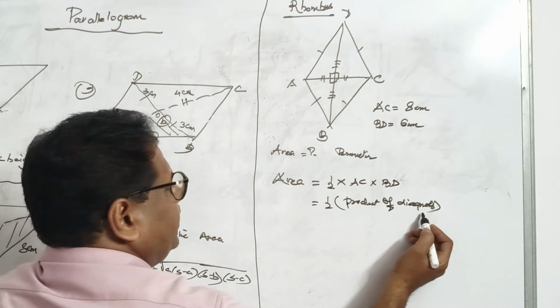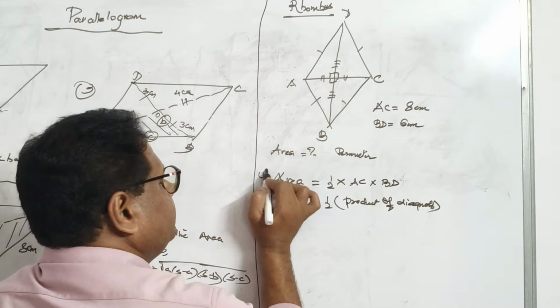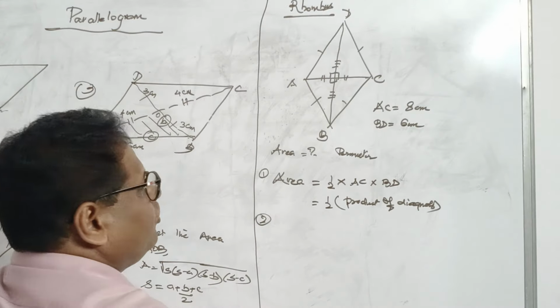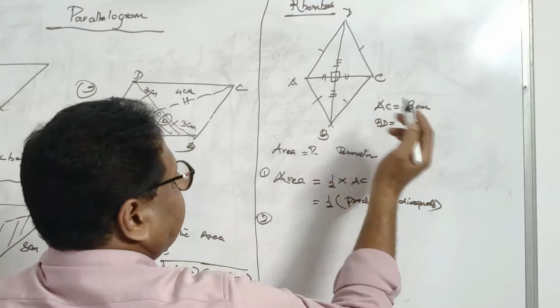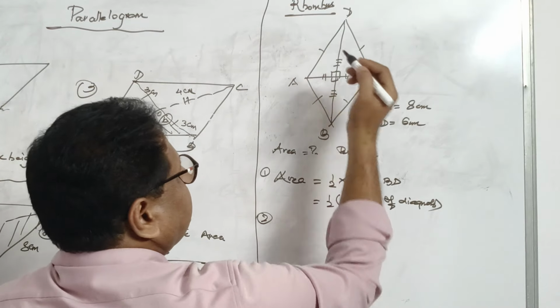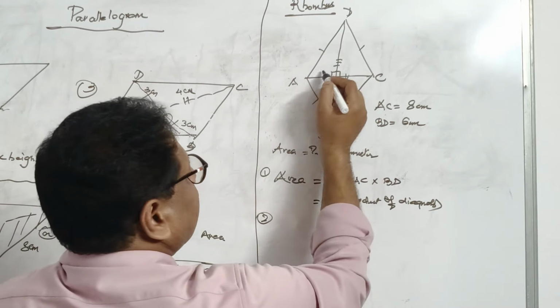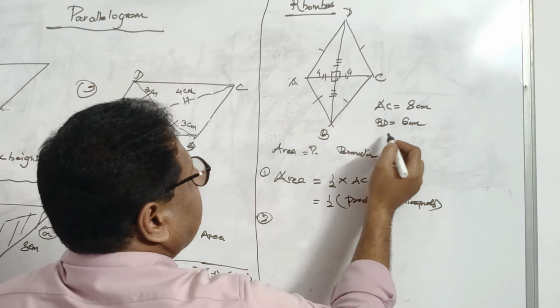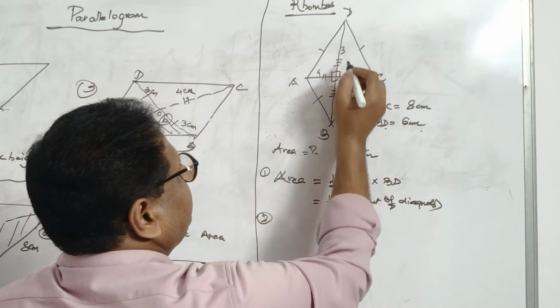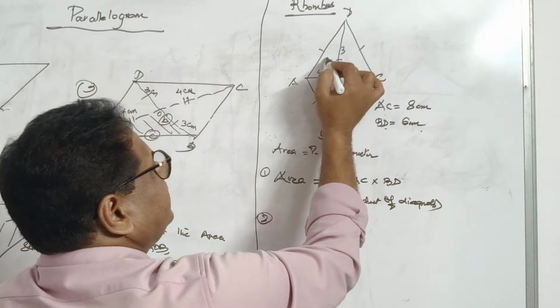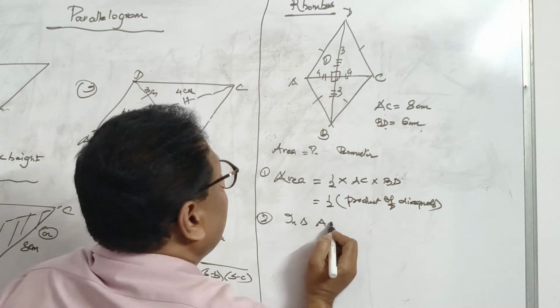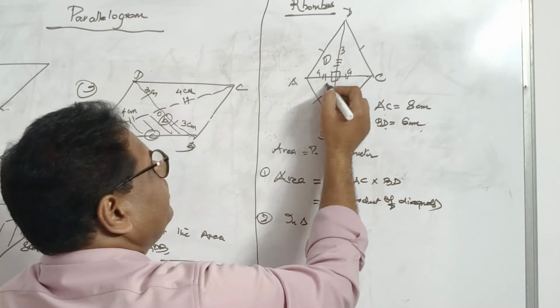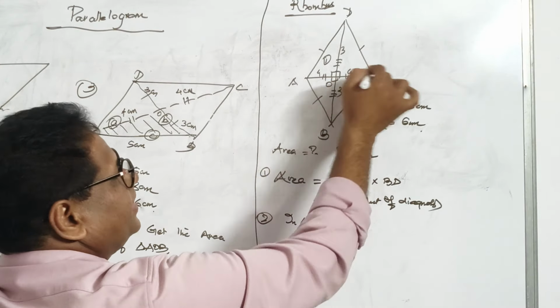Now, for finding area, this is one formula, and for finding the perimeter, you take half of the diagonal, that is half of 8, AC is 8, so you can take 4 for this, and BD is 6, so you can take 3, and apply this triangle. In triangle AOD, O is the point of intersection of the 2 diagonals.